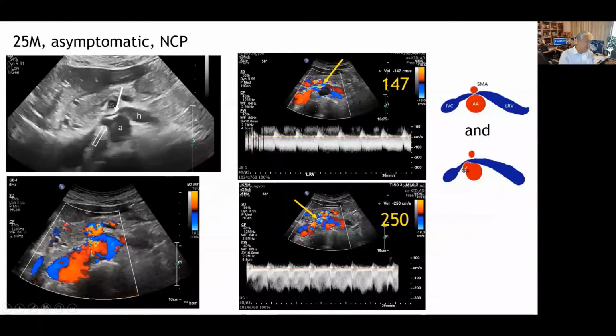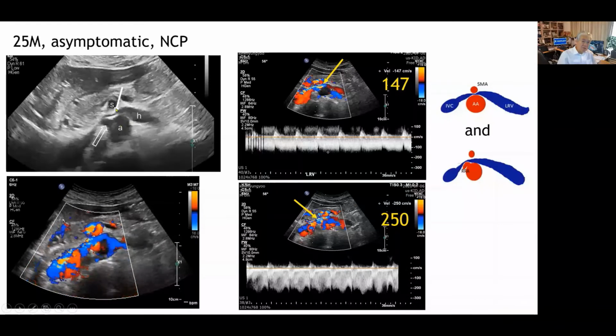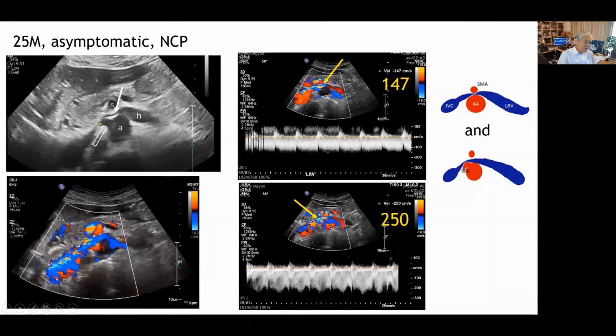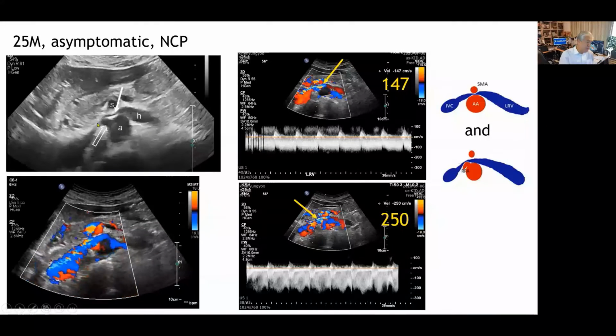But there are also combinations of those types, and this is an example. A 25-year-old man, asymptomatic, with nutcracker phenomenon. In this patient, the left renal vein is compressed between the aorta and superior mesenteric artery, and also by the origin of the right renal artery.